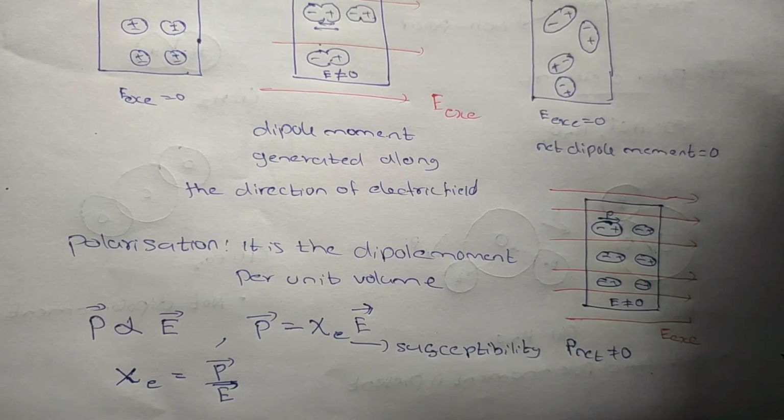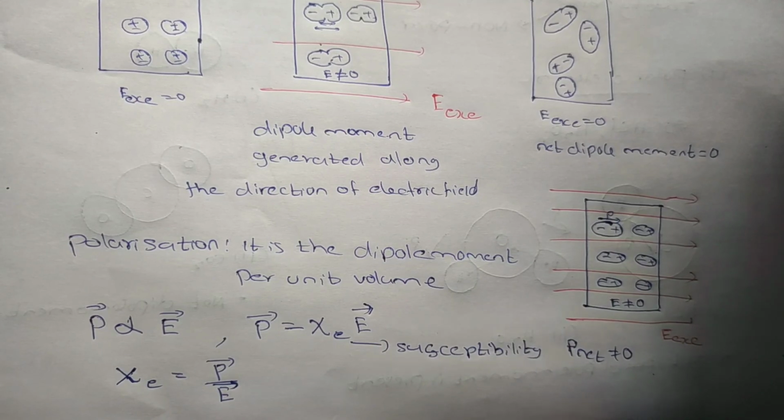So susceptibility chi is a constant for a material. That is the amount of polarization per unit electric field. Okay. So susceptibility chi is the amount of polarization per unit electric field. Clear? This is about polarization and electric susceptibility.